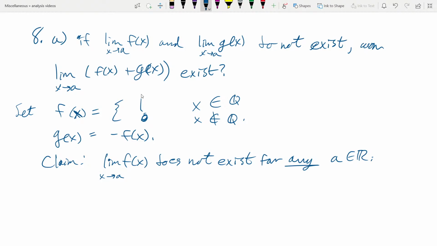I don't think I want to go through the rigorous proof of this right now. Let me see.